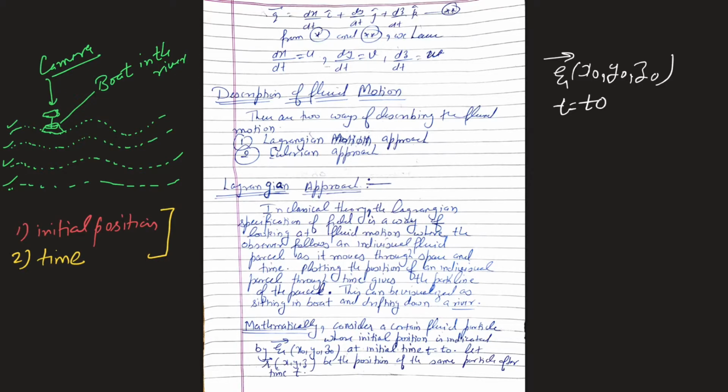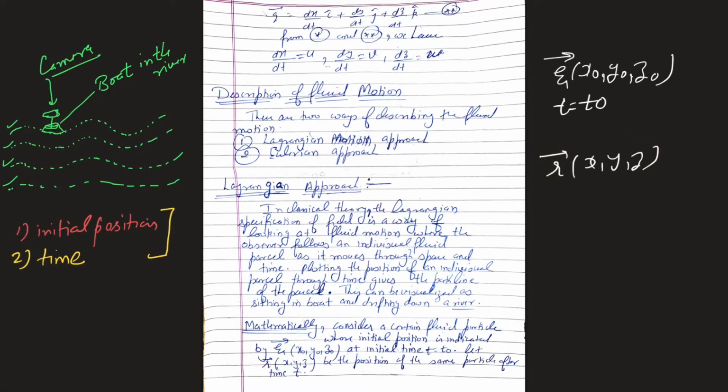Let r, with coordinates x, y, z, be the position of the same particle after time t. At initial time t equal to t naught the position is this one, and after time t the position will become this one.